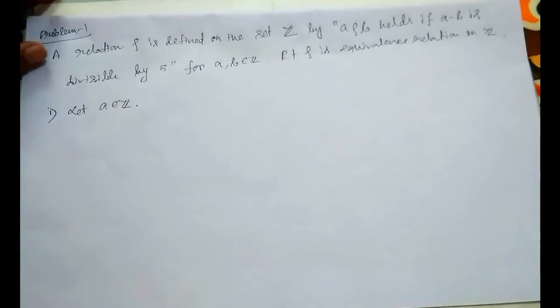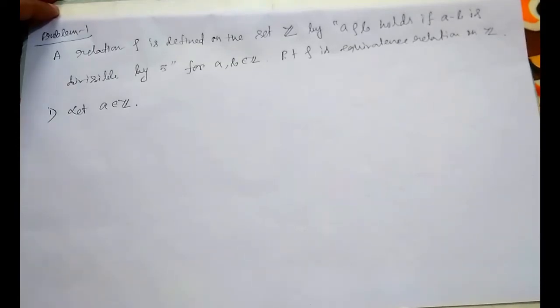When we are showing rho is reflexive, we have to show that for each a belonging to Z, the ordered pair (a, a) also belongs to the relation rho.